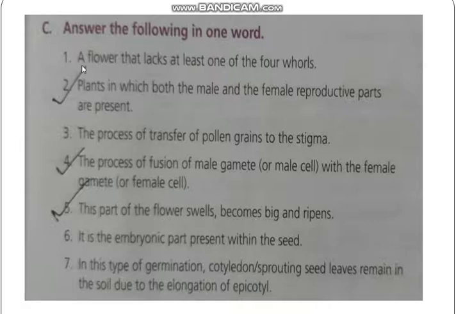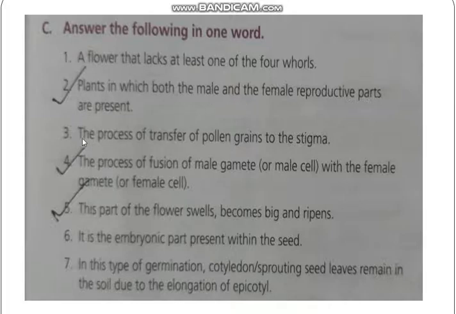Number 1, a flower that lacks at least one of the four whorls. Answer is incomplete flower. Number 2, plants in which both male and female reproductive parts are present. Bisexual.